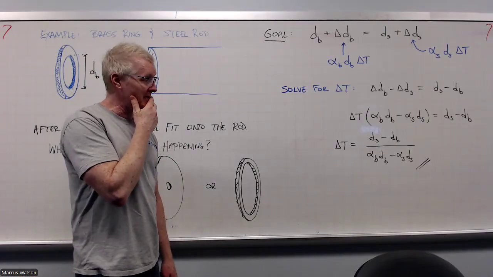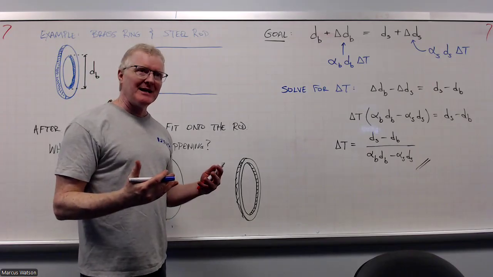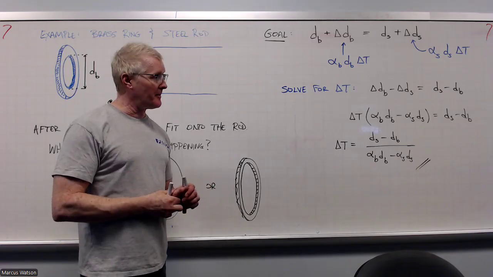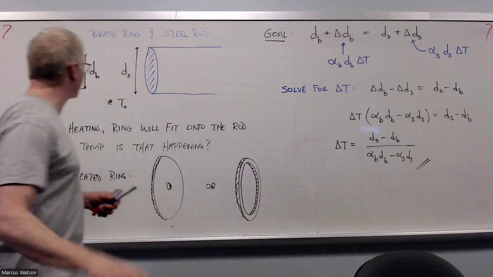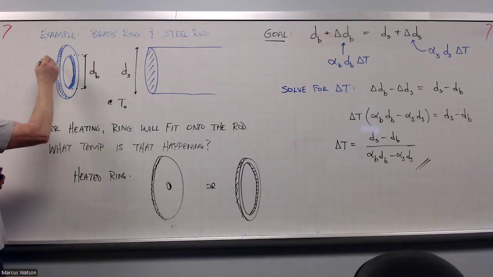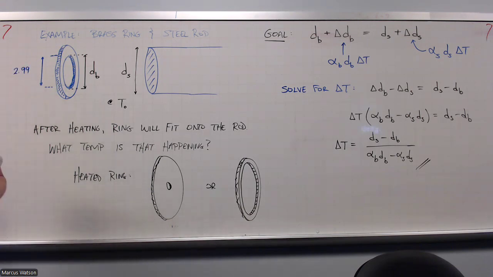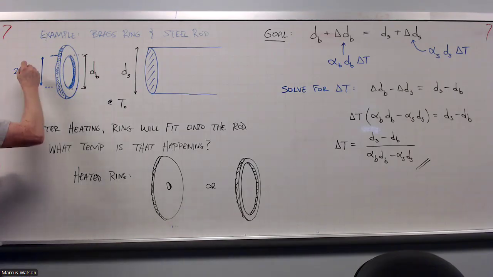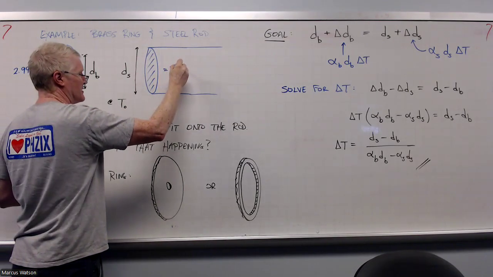Let's pop a few numbers in and see. We'll start with the diameters being fairly close, but not quite exact, right? So let's suppose that we have the brass diameter of the hole here being 2.992 centimeters, and the diameter of the steel rod here being 3 centimeters.